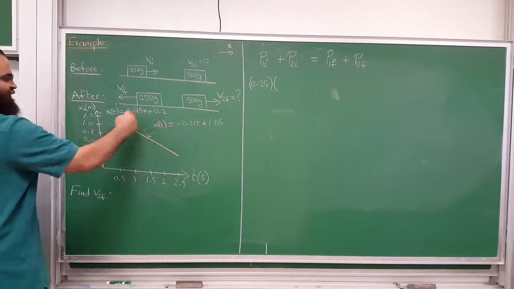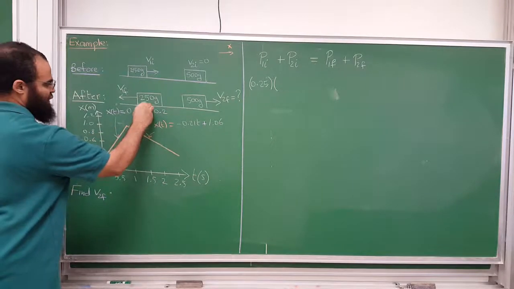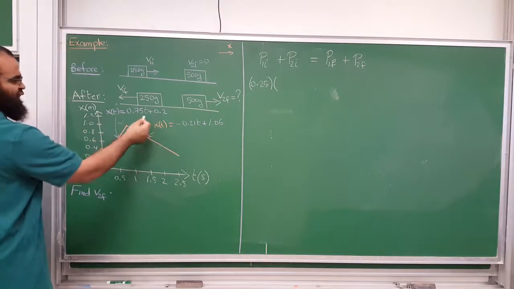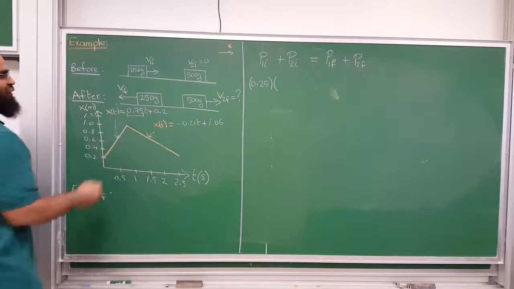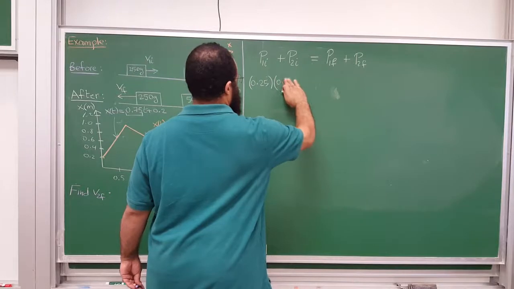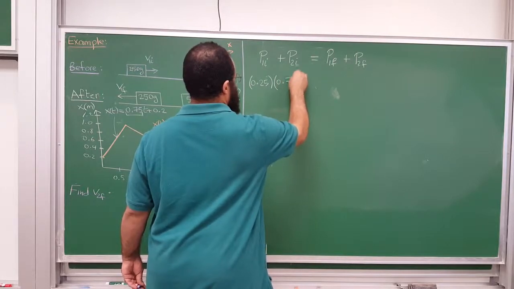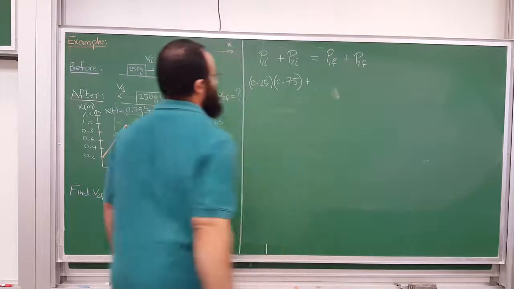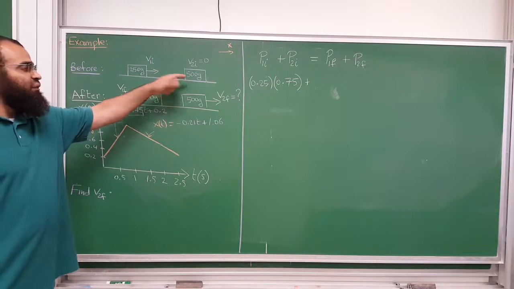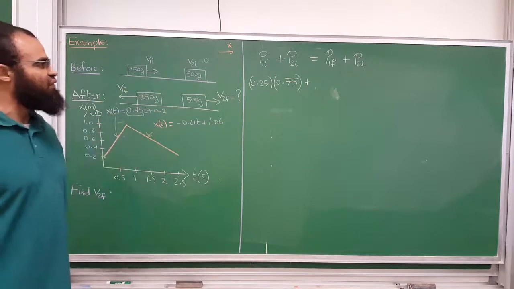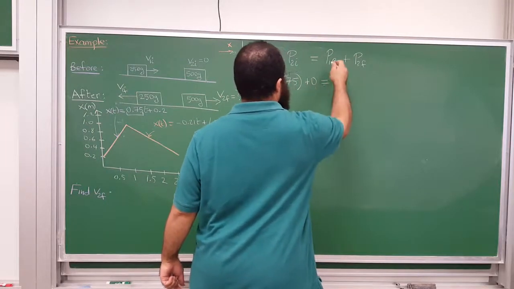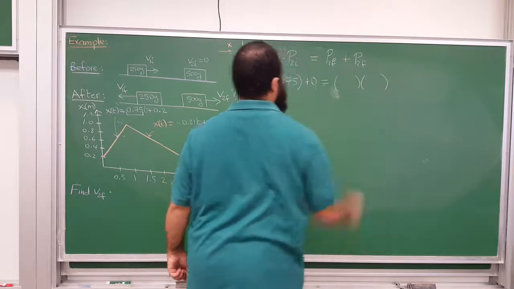Well, we know that if you have x versus t, just like that one, the derivative of position versus time will give me the velocity, so that is the velocity, the 0.75. Plus, now, the initial momentum of object 2 is 0 because its mass times its velocity will be 0. It's 500 times 0. So this part here is 0. Equal to the momentum at the end for object 1.